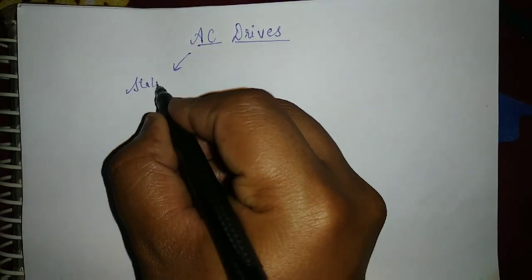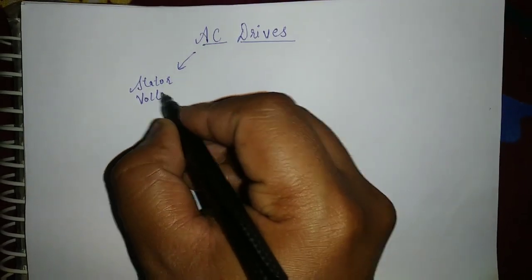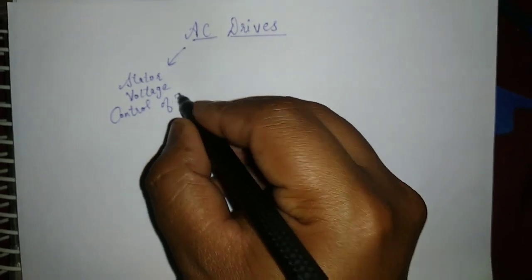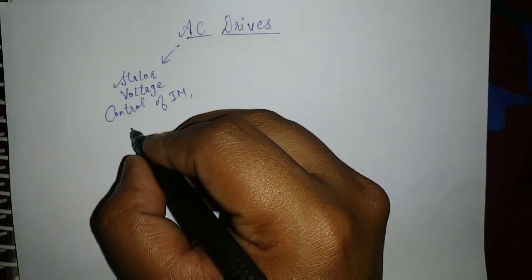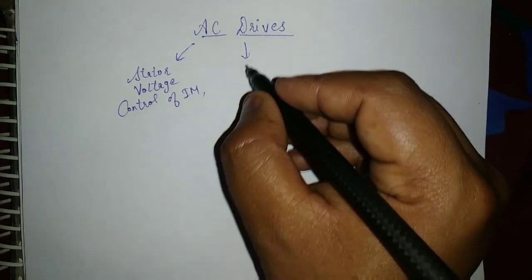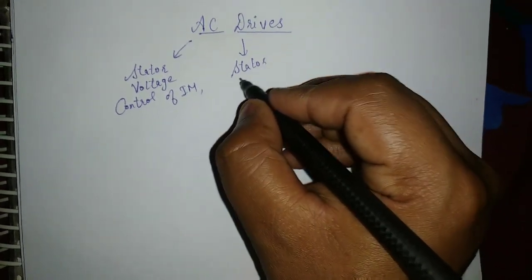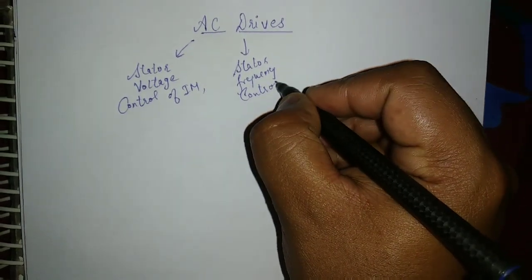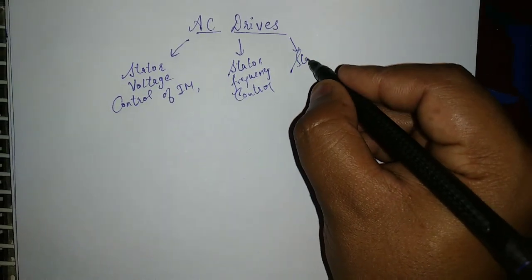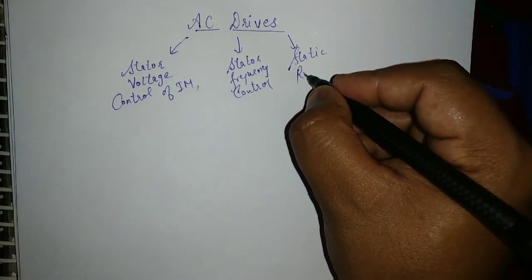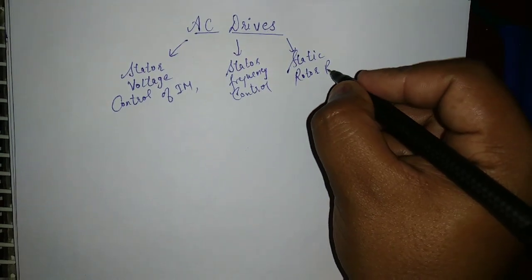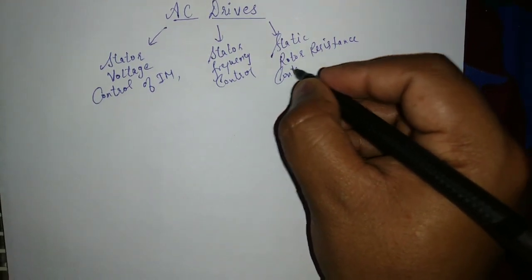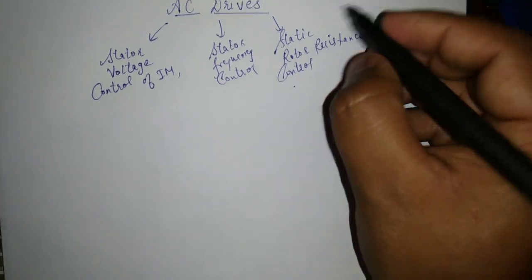आज का टॉपिक है एसी ड्राइव्स। इसमें हम पहला देखेंगे स्टेटर वोल्टेज कंट्रोल मेथड ऑफ इंडक्शन मोटर यूजिंग एसी वोल्टेज कंट्रोल। दूसरा स्टेटर फ्रीक्वेंसी कंट्रोल मेथड। तीसरा स्टैटिक रोटर रेजिस्टेंस कंट्रोल by using chopper.